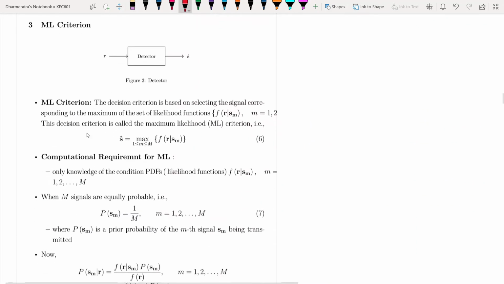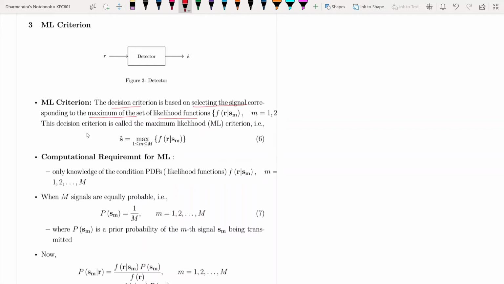Now we'll discuss the ML criterion for detection. The decision criterion in an ML based detector is based on selecting the signal corresponding to the maximum of the set of likelihood functions. This conditional probability of R given Sm is also known as a likelihood function.